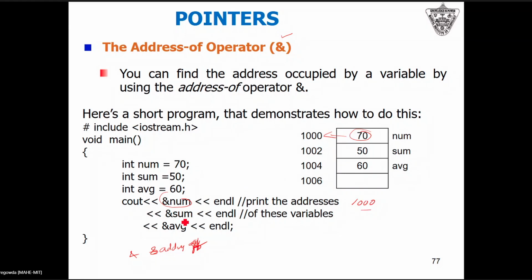Similarly, &sum gives you 1002 on the screen, and &average, the address of average, displays 1004. This is how you can find the address of the memory locations.